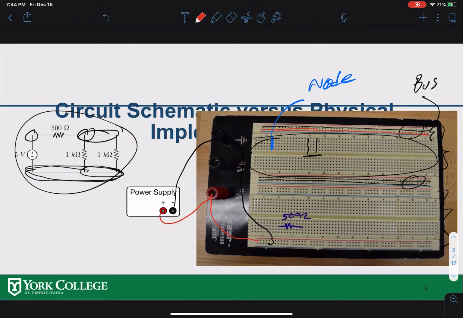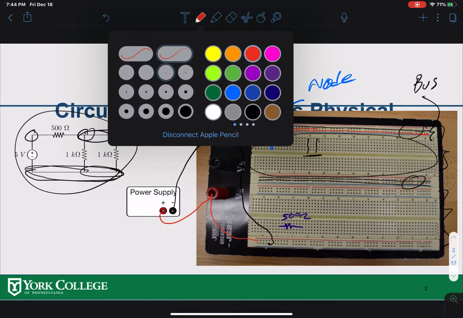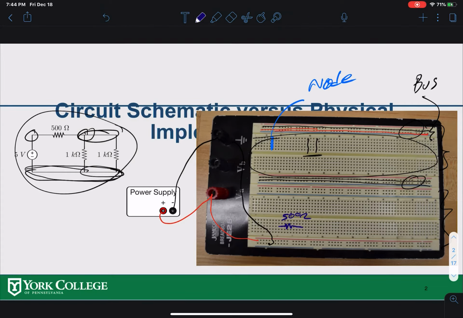I'm gonna use blue again for all the connections here. So this end needs to connect to the positive, so there's a wire that goes from the positive bus to that node over here. And this node, I have 2 more 1K resistors here. So I'm gonna use this one here for 1K, and I'm going to use this one here, another 1K.